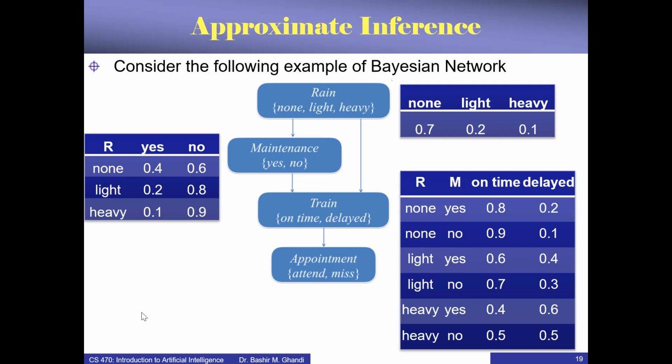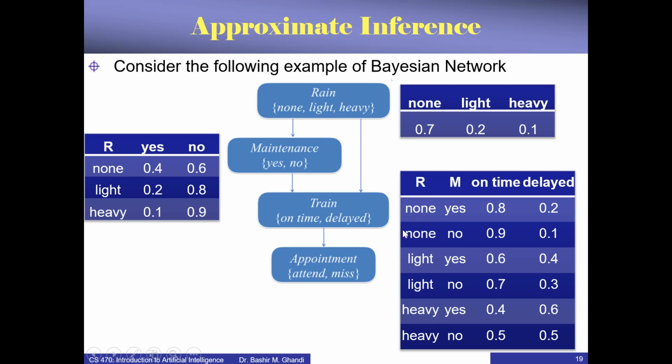What about the train? The train arriving on time or delayed. Here, because there are two parents, and one of the parents has 3 values and the other has 2 values, we're going to have 3 times 2, which is 6 possibilities, as you can see.